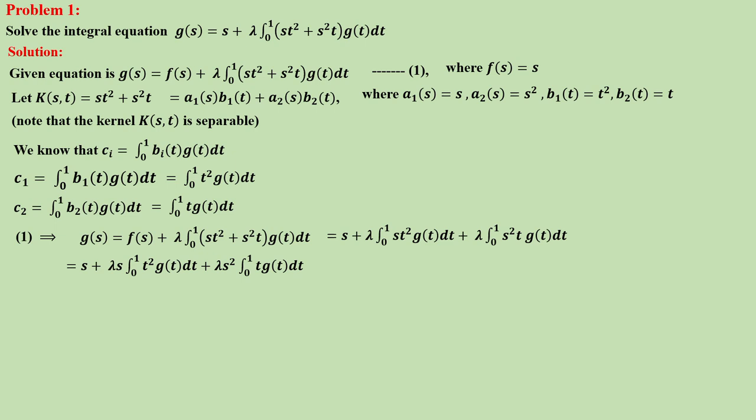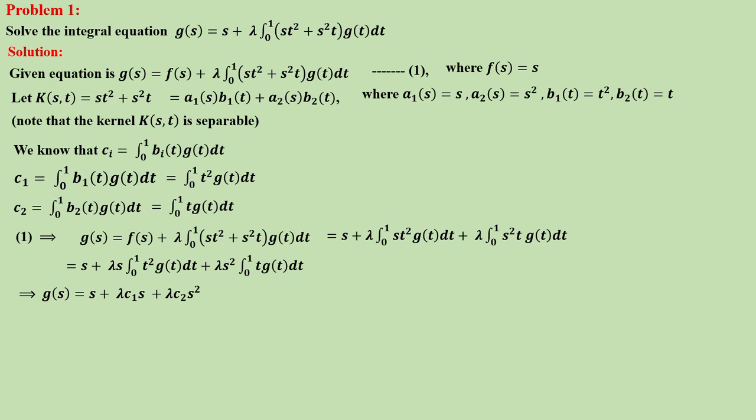We can take s outside because the integration is with respect to t, so s is a constant. So λ s ∫₀¹ t² g(t) dt plus, similarly, taking s² outside the second integral, λ s² ∫₀¹ t g(t) dt.